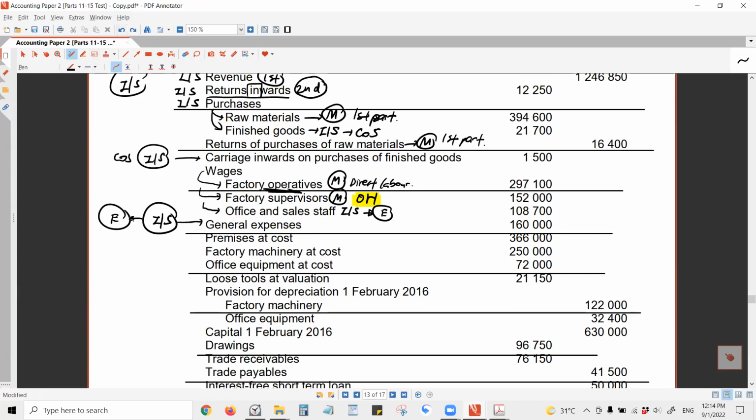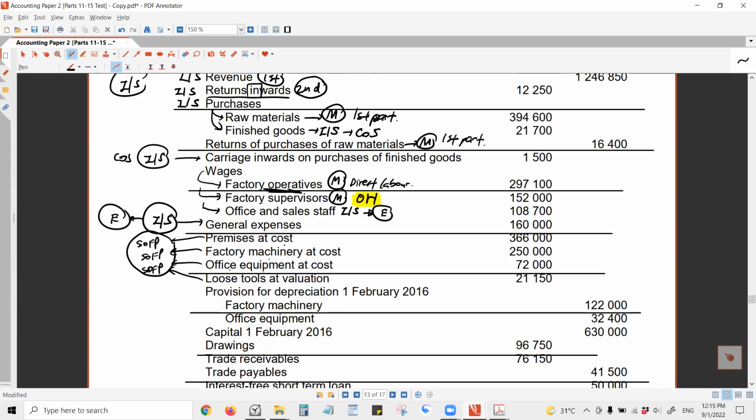Okay. Premises at cost, factory machinery, office equipment. So premises is in the SOFP. This is also in the SOFP. This is also in the SOFP. Okay, because these are NCA. This is also in the SOFP.